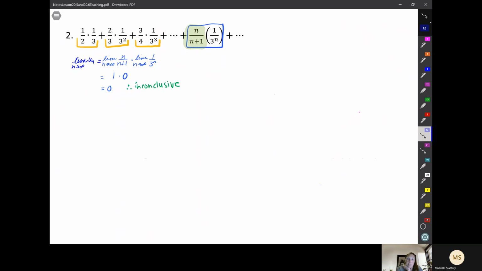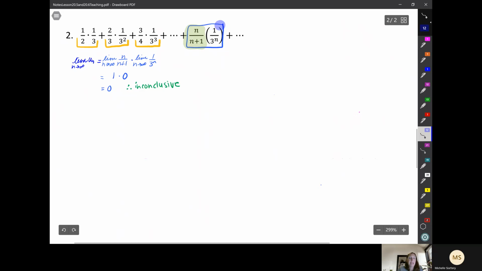So now I'm going to look into the comparison test. If we think about the quantity n over n plus 1, as n gets really large, the plus 1 is insignificant, so it's really like n over n, which would just be 1. So what's highlighted in green is relatively a 1, and it's 1 times 1 over 3 to the n.